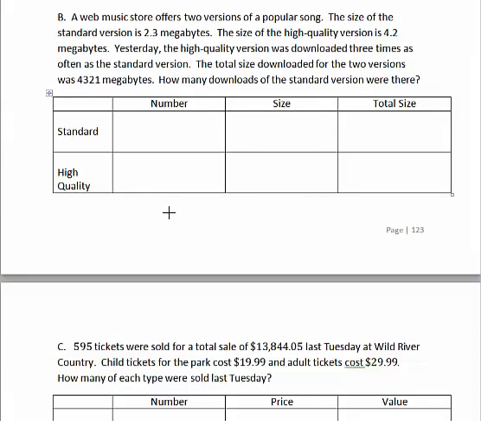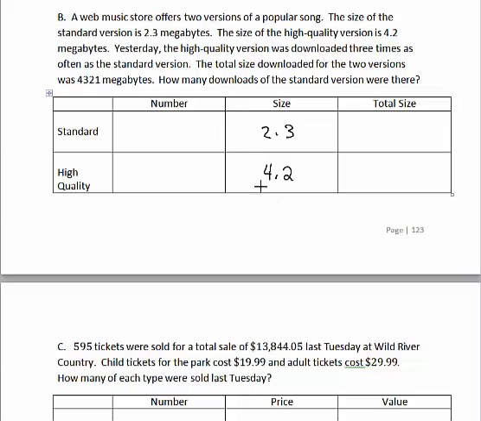Okay, well, we were given the size of each version. Standard is 2.3 and high quality is 4.2. These numbers were referred to specifically for one version or the other. So standard is 2.3, we can put that directly into the table, and 4.2 was the size of the high quality version.